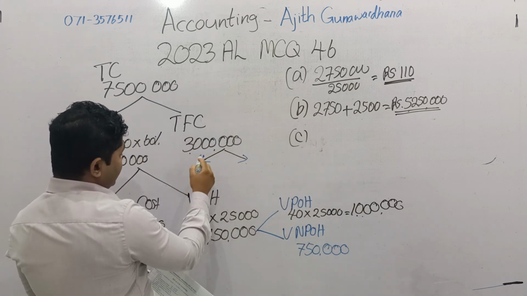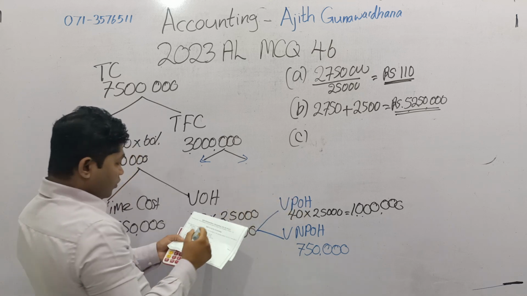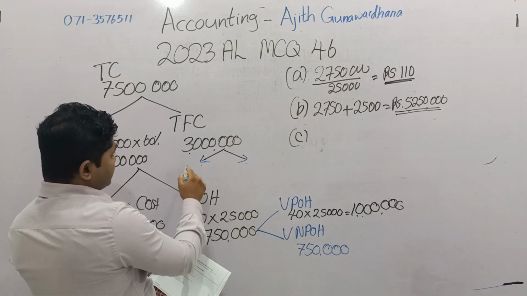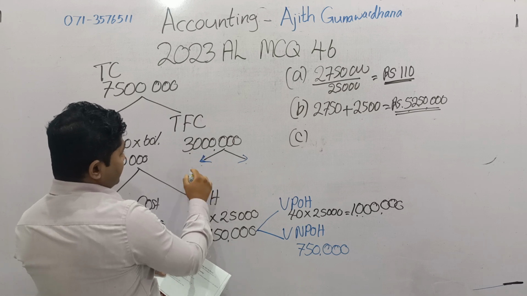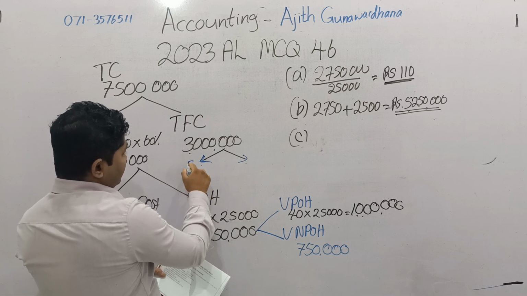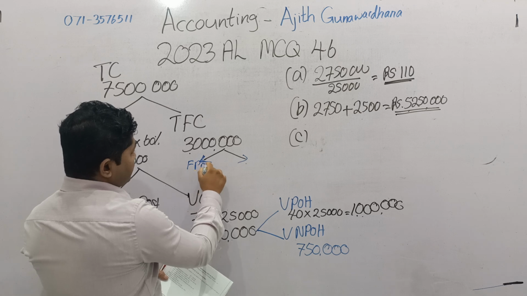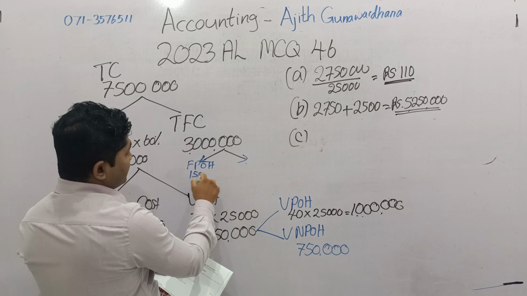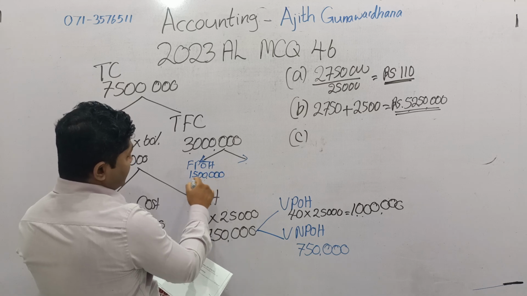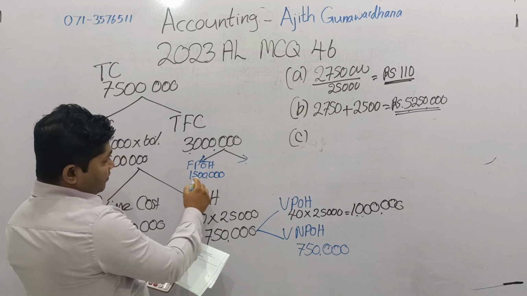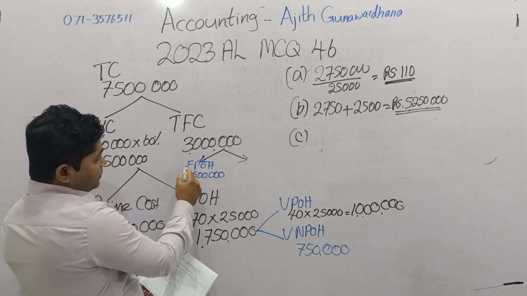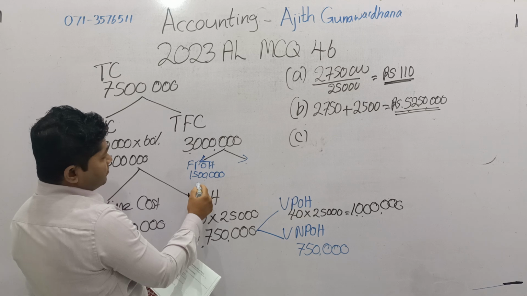Therefore, fixed production overhead equals 2.5 million minus 1 million, which equals 1.5 million.